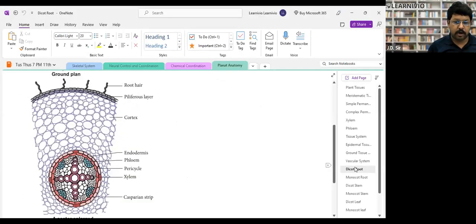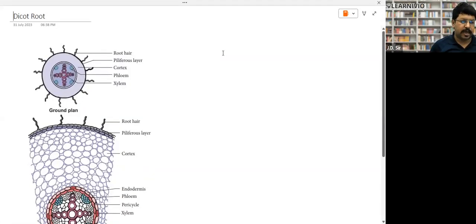Now there is the anatomy of root and stem. These are the arrangement of tissues, so you have to understand it with the help of diagrams. I'll explain one by one. You have to focus here only on NCERT. So first, dicot root. If you talk about the dicot root, the outer structure is the root.